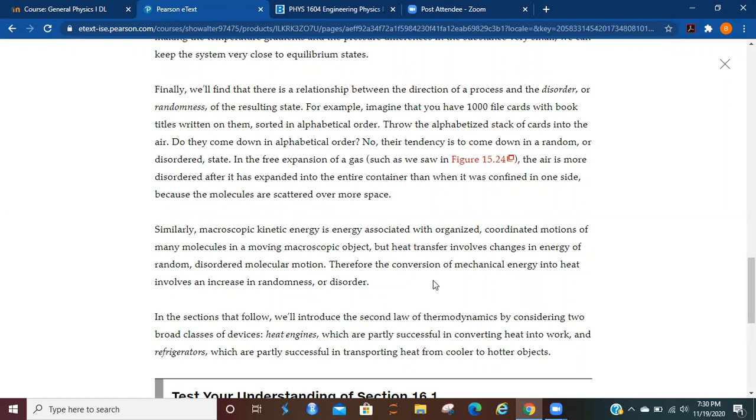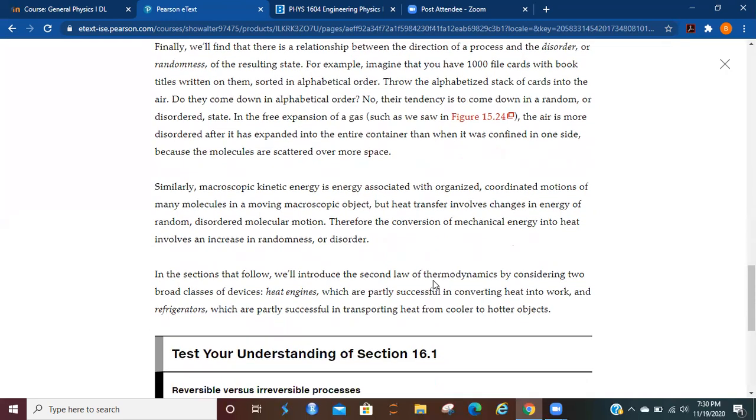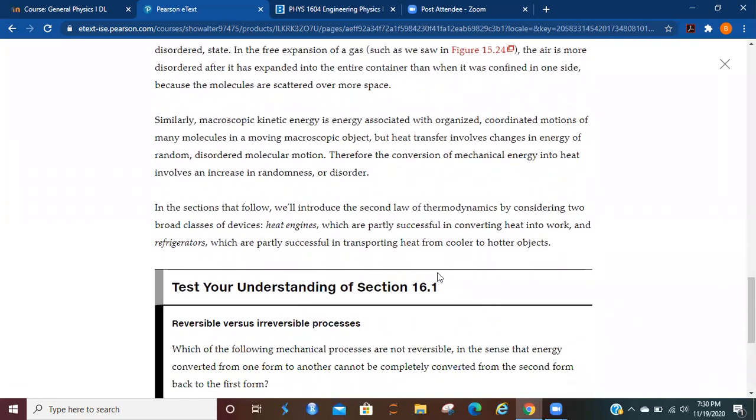What you are looking for is an increase in the number of states possible for particular micro components of your system. What we're going to refer to that later on is entropy. That is going to come a little bit later here.